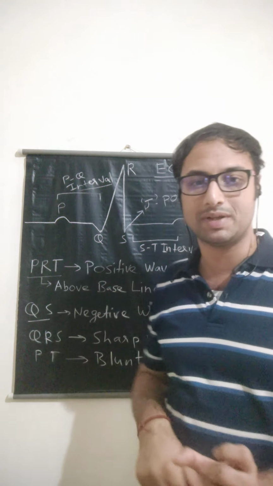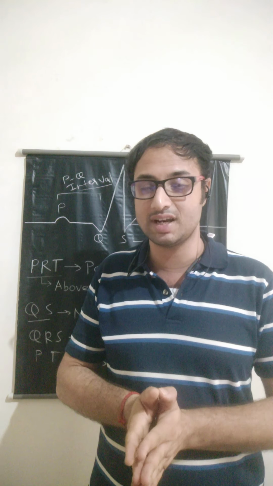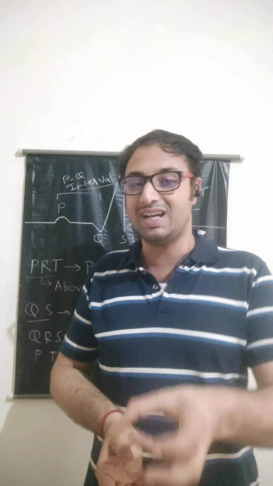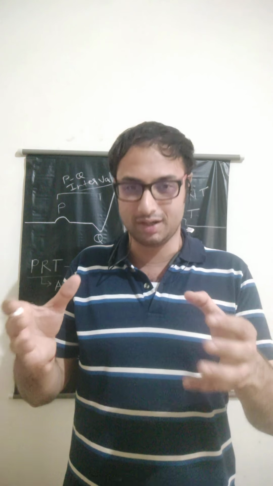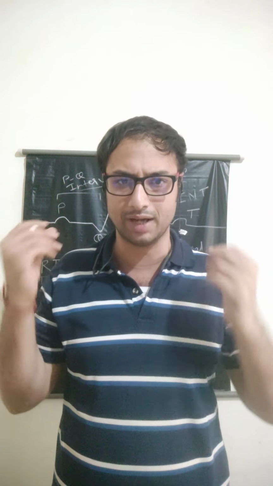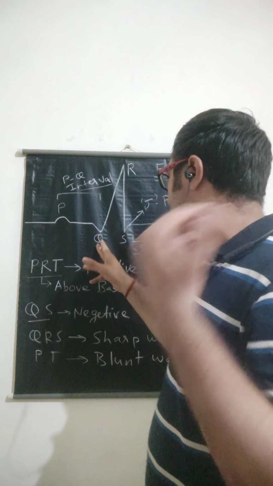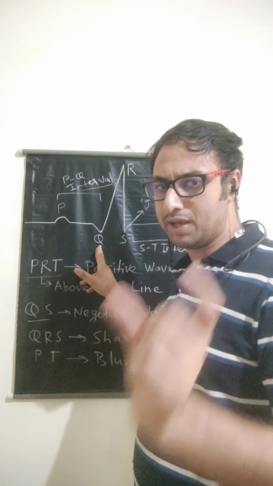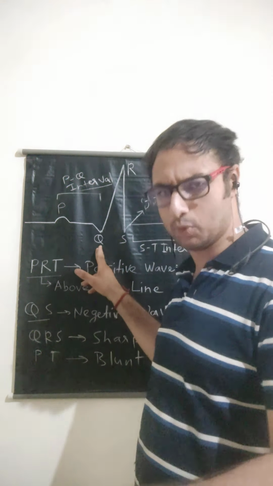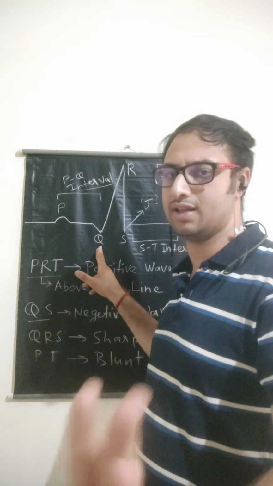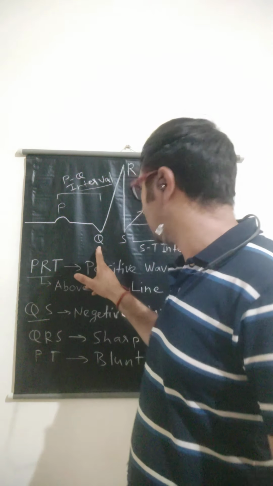What is the Q wave representing? The Q wave represents the beginning of the depolarization or systole of the ventricles. Both ventricles, left and right, contract equally at the same time. Clear up to here? So the Q wave represents the beginning of ventricular systole, meaning ventricular depolarization or ventricular contraction. These three statements are correct for this.